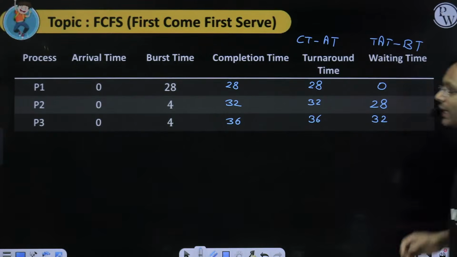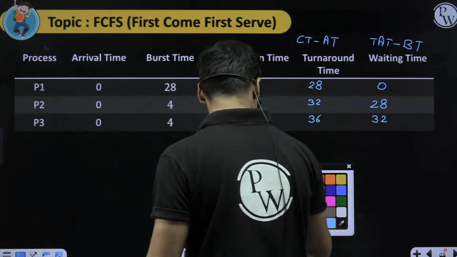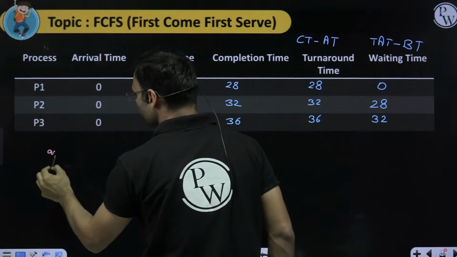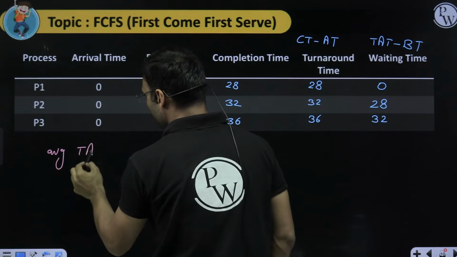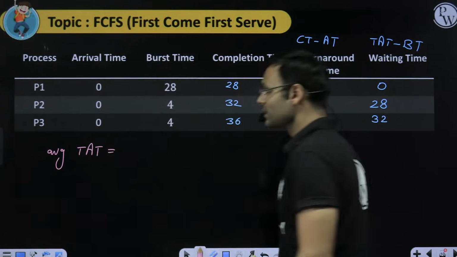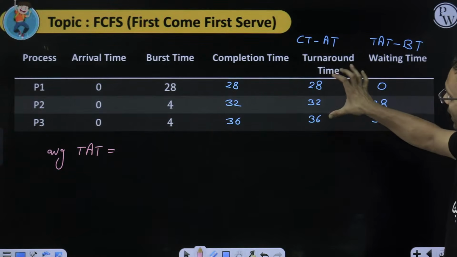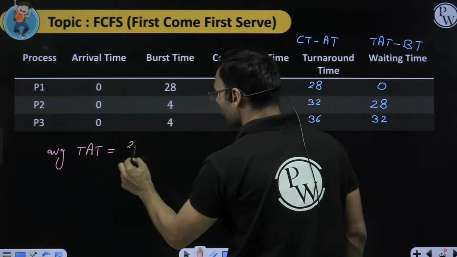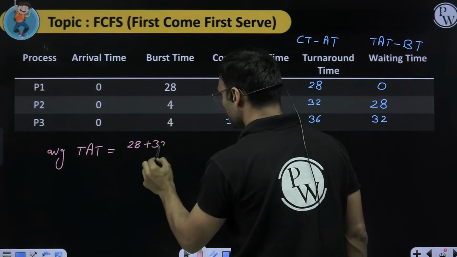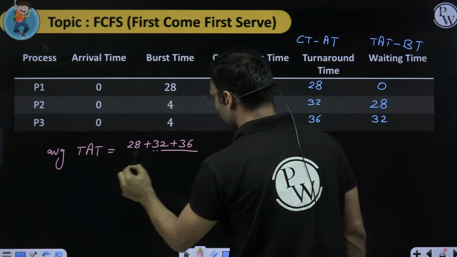Last, they can ask average waiting time of all the processes or average turnaround time of all the processes. Three processes are there. Their turnaround times are these. Average will be what? 28 plus 32 plus 36 divided by 3.